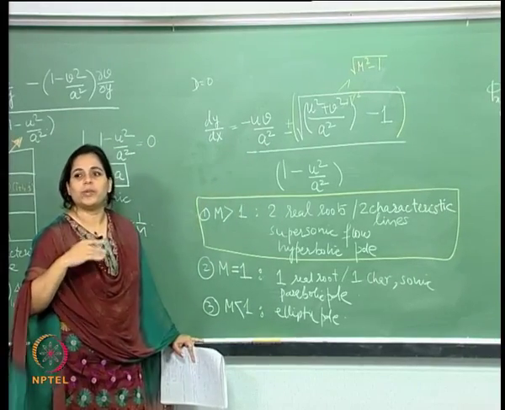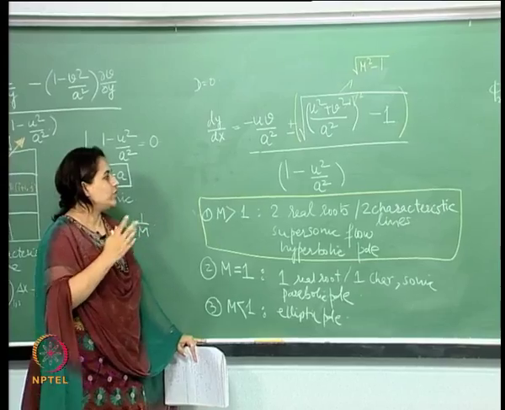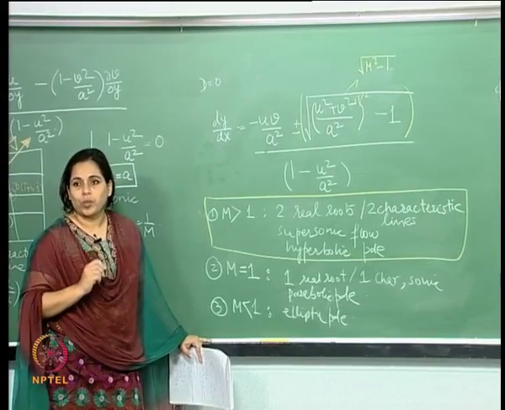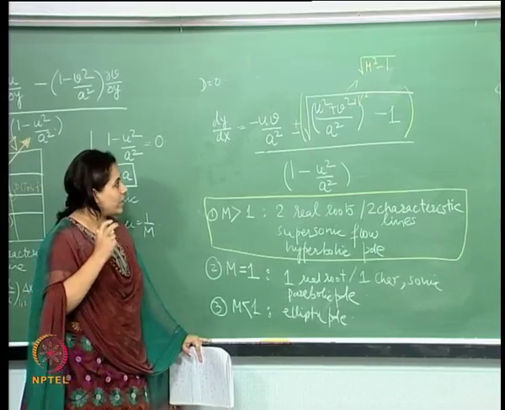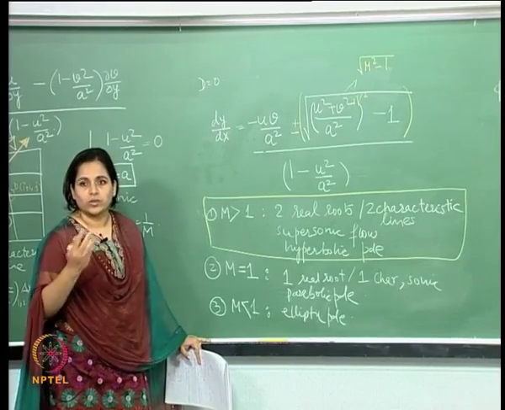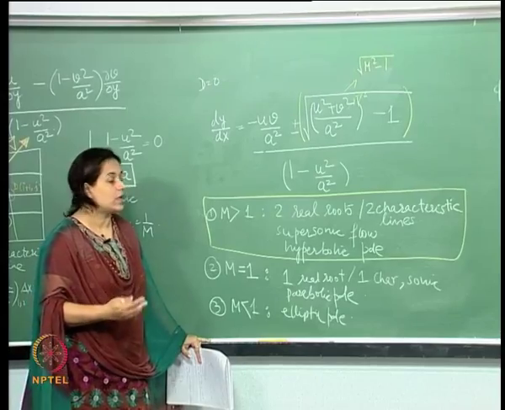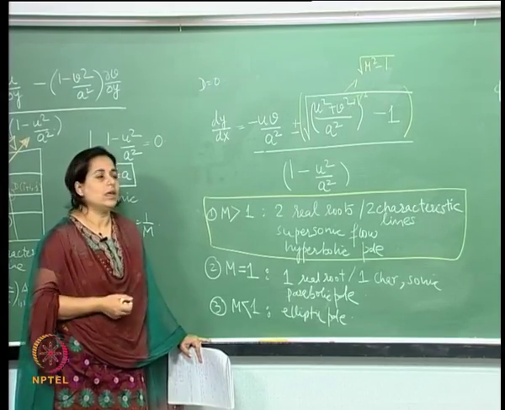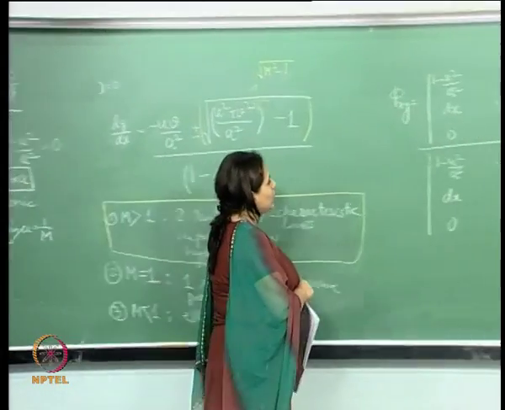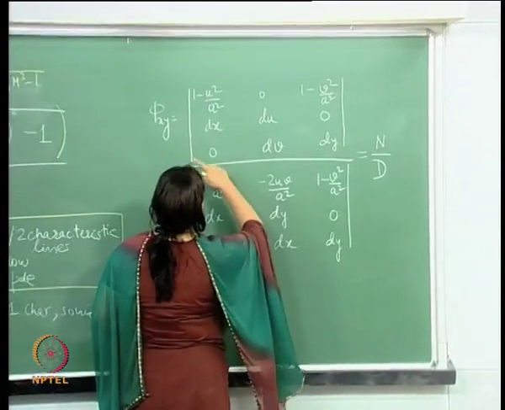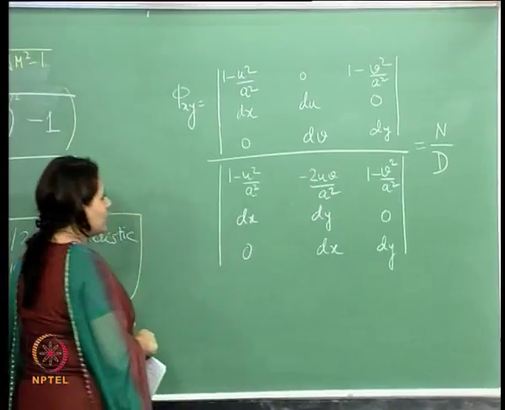For a given dy by dx, how are u and v located? Now, what about the properties? How are the properties going to vary along those characteristics or in the flow field? That is going to be given by the compatibility equations, and we are going to set n equal to 0 for that.